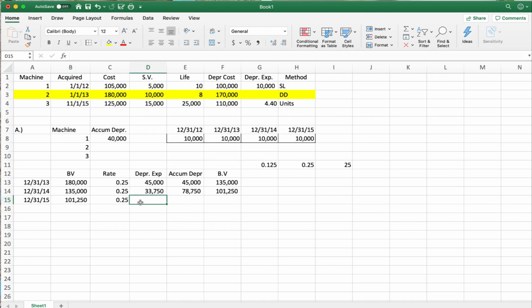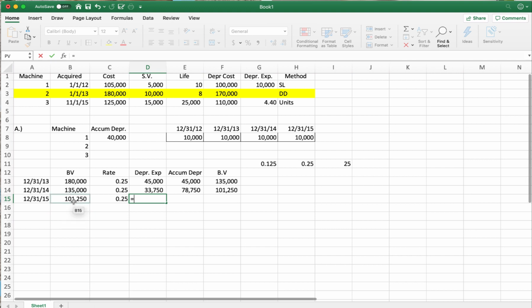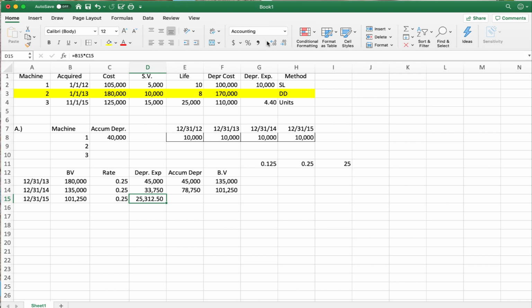Well, that's easy, right? If I started the year with a machine that had a value of $101,250, I need to figure out what that depreciation is. Super easy. Take that beginning book value and multiply it by my rate, 0.25. I'm going to get rid of these cents. So what then is my accumulated depreciation?